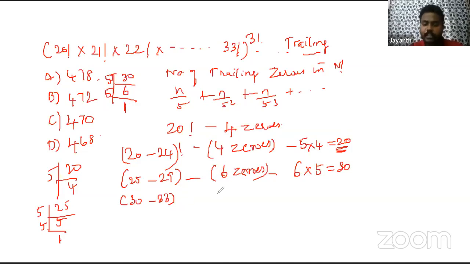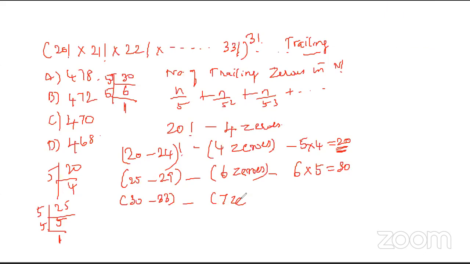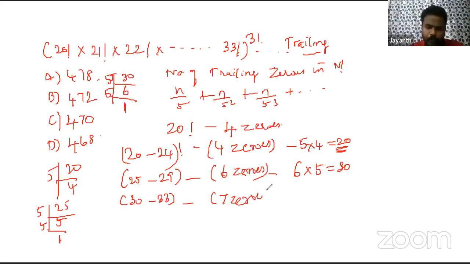So which is 7 zeros. 30 to 33, how many numbers? 30, 31, 32, 33. So 4 numbers, which is 7 times 4, 28. So 20 plus 30 is 50. 50 plus 28 is how much? 78.